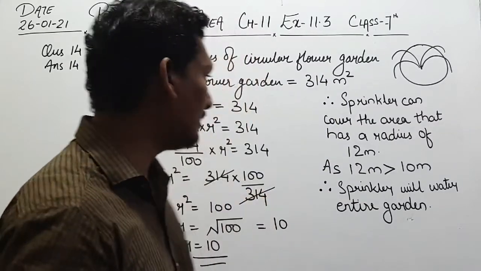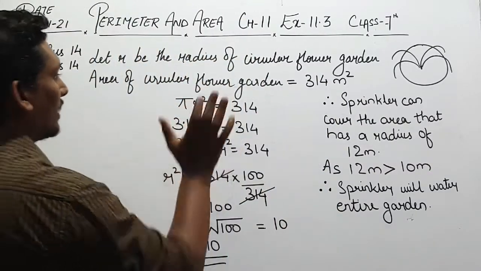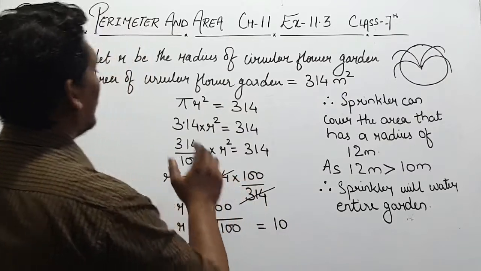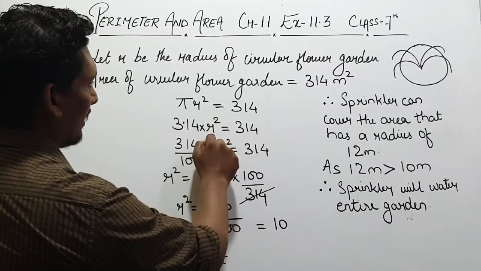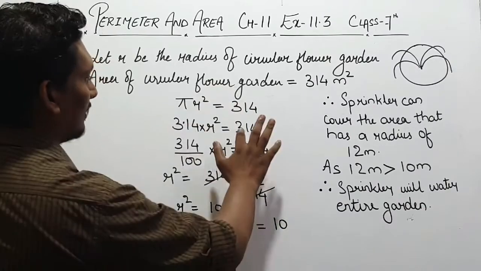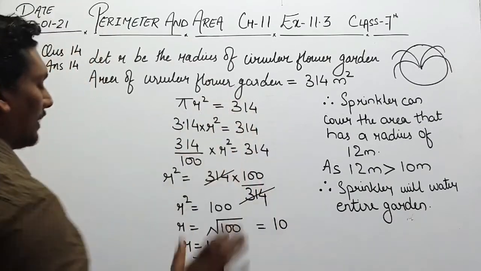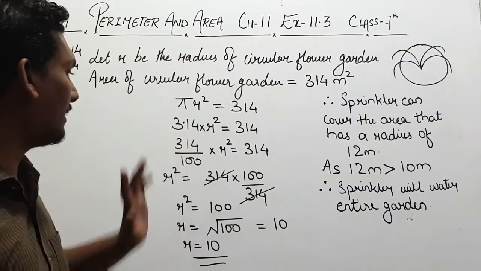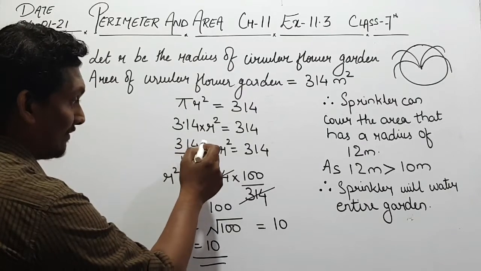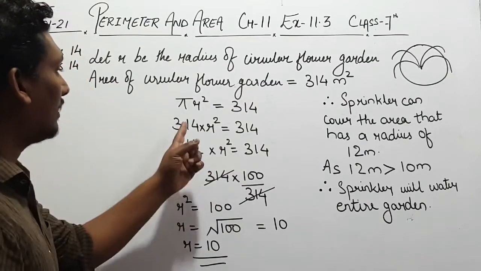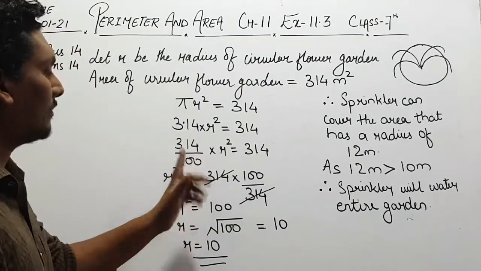Area is given means pi r square is given to you. The value of pi is 3.14 into r square, that we are not having, but the area we are having is 314. In the next step, for removing the point, I just divided by 100. Two decimal places are here, that's why I divided by 100.